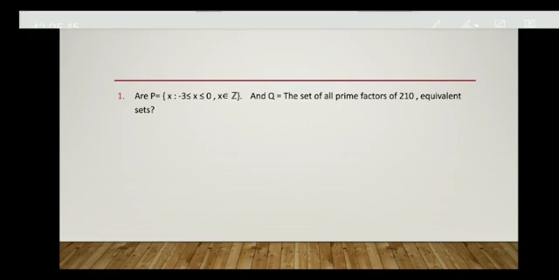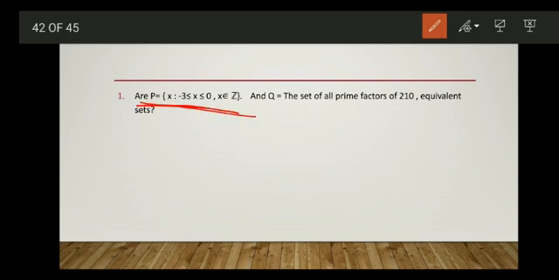So first see this set P. P is a set of all x, and that x is a set of integers. Integers means numbers: positive numbers, negative numbers and 0. So x is a number which is less than or equal to 0 and greater than or equal to minus 3.